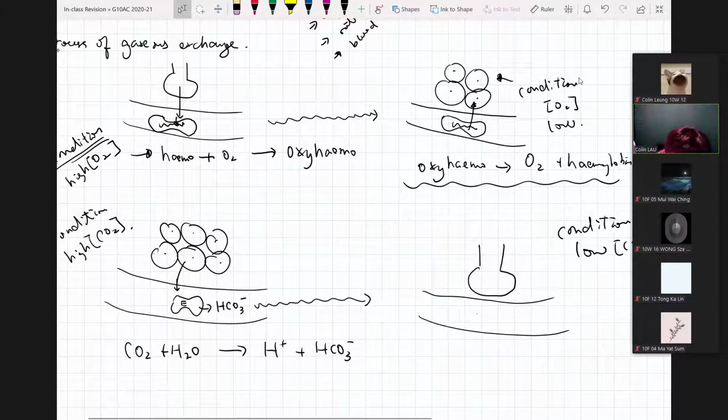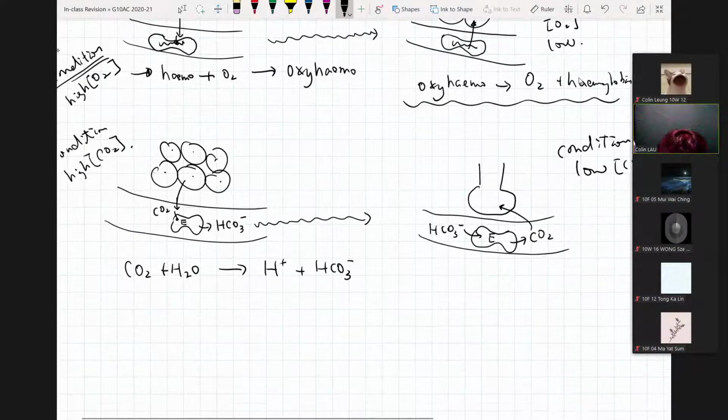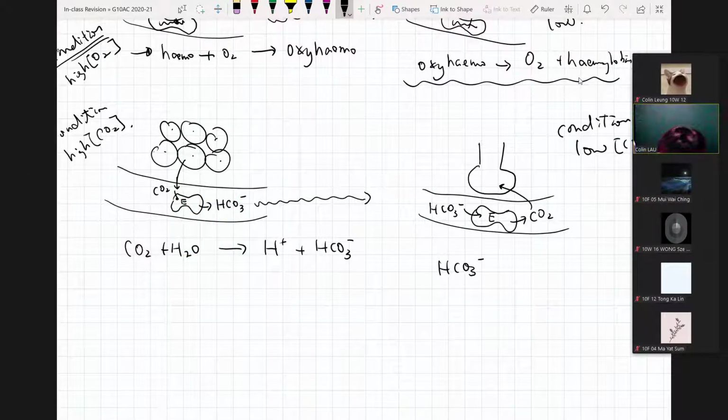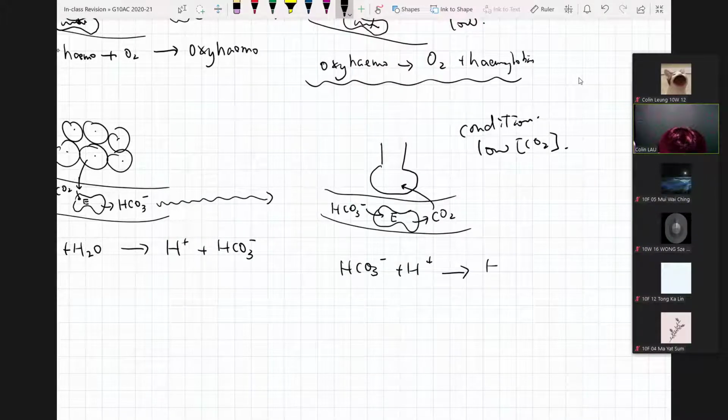Under this situation, you still have red blood cells here, right? You still have the enzymes here, right? So the HCO3 minus will get back into the red blood cells, turn back into CO2, and then CO2 diffuses out. So HCO3 minus, again, combines with hydrogen, turns back into water, turns back into carbon dioxide.